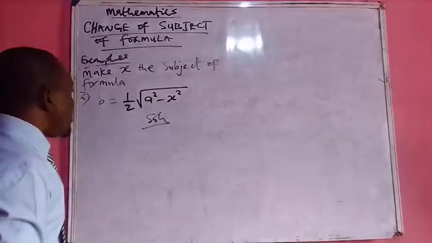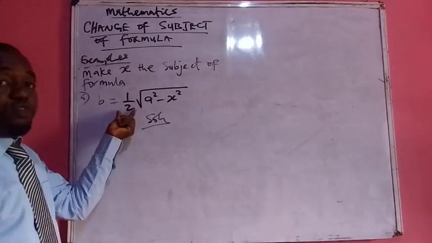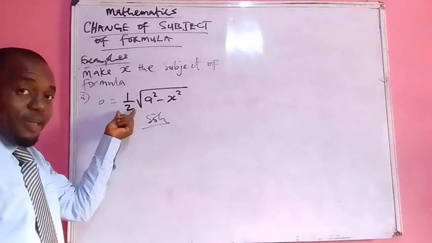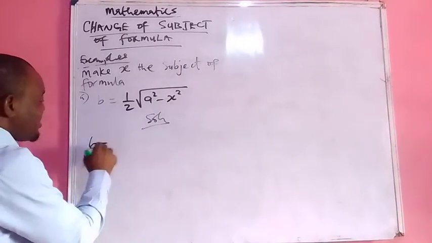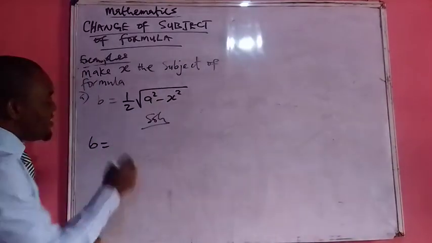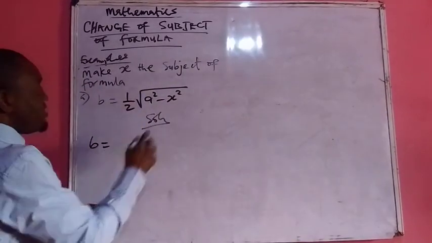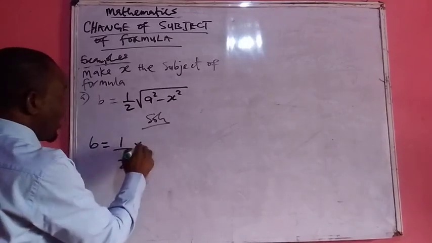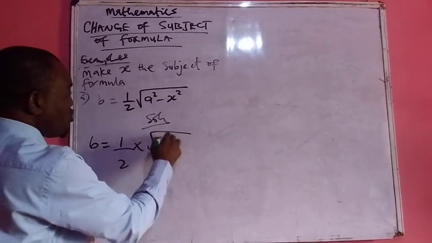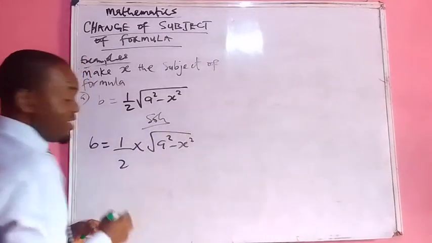So now let's do it. The first thing we need to do is to remove what? This half that is here. How do we do it? Now, I can write it like this. b is equal to what? Now, this thing is also like this. It can be written as 1 all over 2 times square root of a square minus x square. Do you get it now?